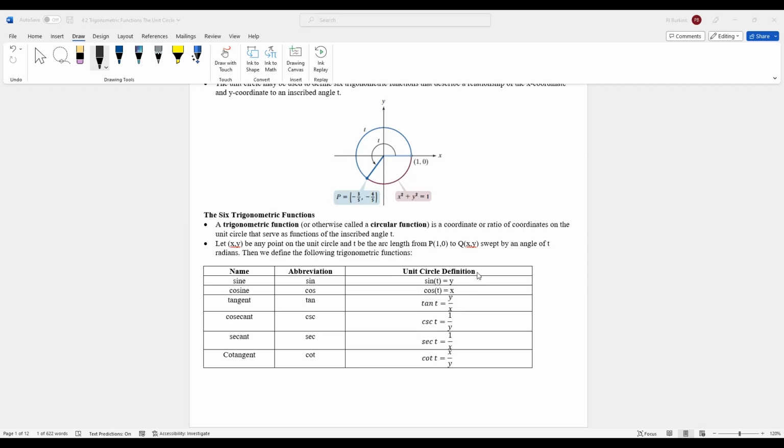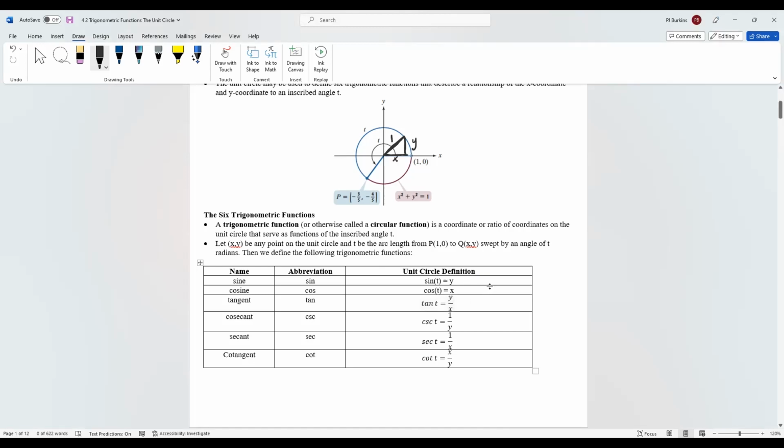So if you look on the unit circle, if I were to just draw a point over to here, and I created a right triangle out of that, where this is x and this is y, then the sine of the angle is opposite over hypotenuse, and the hypotenuse we know is 1, the radius. So it'd be y over 1, or just y. And then the cosine would be the adjacent side, x, divided by the radius, which is 1. So that's why it's just x.